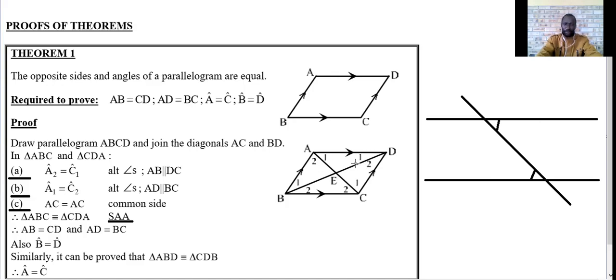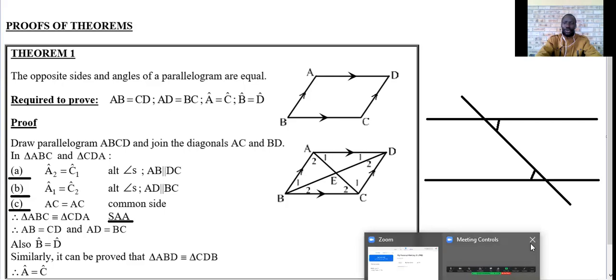Then we conclude that the length AB and CD are therefore equal to each other. Also the length AD and BC are equal to each other. You see that? And because of that, this other angle at B also equals the other angle at D. And that is it. And that leads us to the conclusion of our discussion of today on Theorem 1.